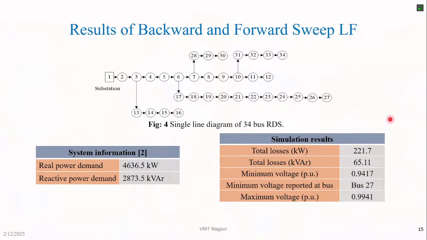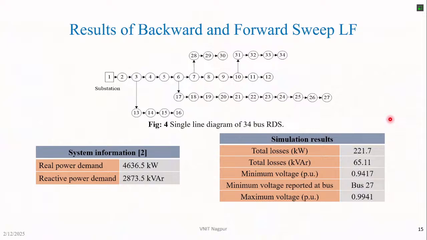Now this is the ideal scenario for a 34 bus system, where we have not considered any injection. Generally, losses for a distribution system lie between 10 to 17%. So it's quite high. The moment we inject reactive power, our losses are reduced slightly.